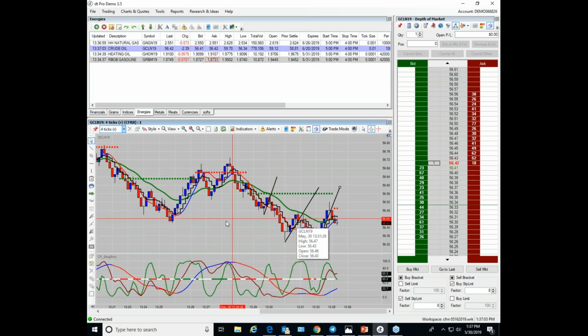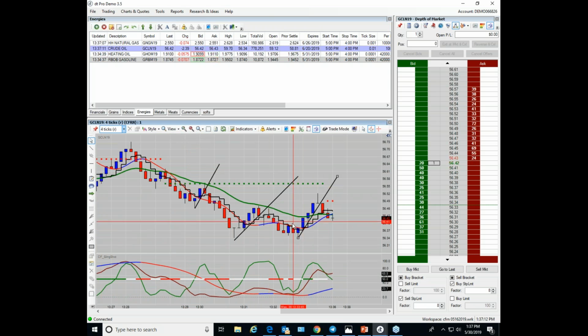Yes, it was more easy and obvious because we were making lower lows. So the question is, are we trending here? No, we're not. Low here, low here. No, we have to make a new swing low before we can get short the crude.